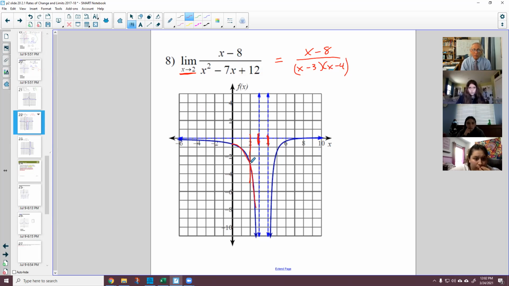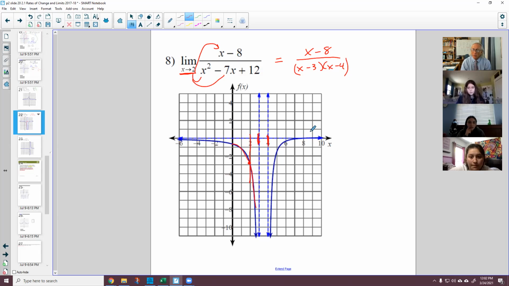So I don't really need to worry about there not being a limit here because the graph is continuous at x equals 2. That means I can just use substitution and put the 2 in for x in those 3 spots. Is that helpful at all?